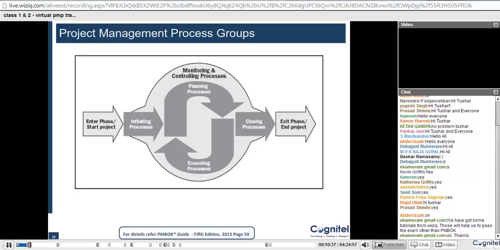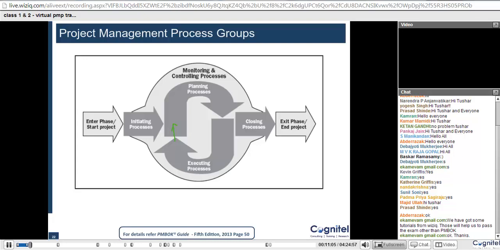I think we should start now. So we left it yesterday on this slide, which was project management process groups, and I explained how these 5 process groups are working together. From initiation you go into planning, from planning you do execution, then from execution you might correct some of your planning, so you might go back to planning, then again execution.